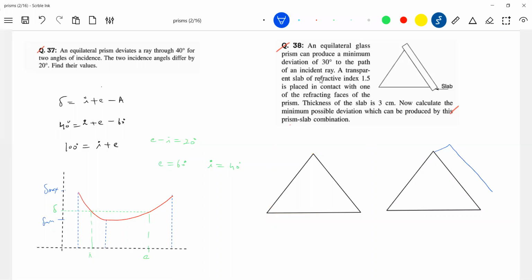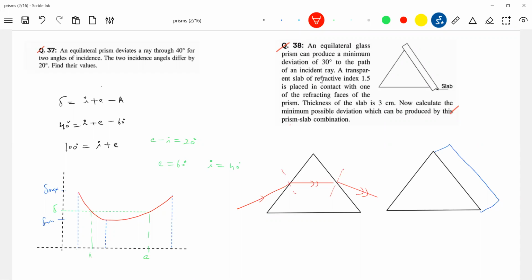Second thing, later on I'll do coloring. So if I send a ray, the slab will not produce any deviation. So there's a ray. Minimum deviation, minimum possible deviation. What will happen again? The deviation will be the same. You calculate.